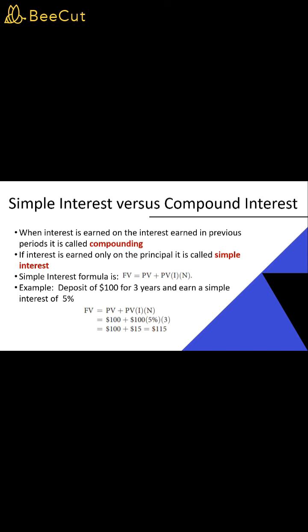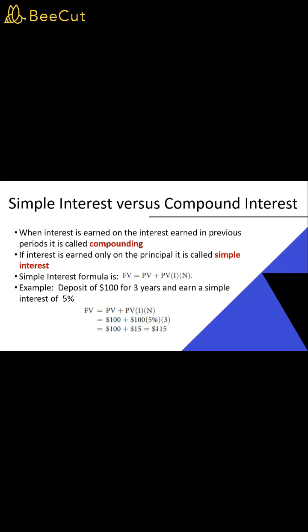In the same example, investing $100 for 3 years at 5%, this is how they would calculate the simple interest: present value of 100 plus present value times I, 0.05, times n, and that would give you a total of 115.